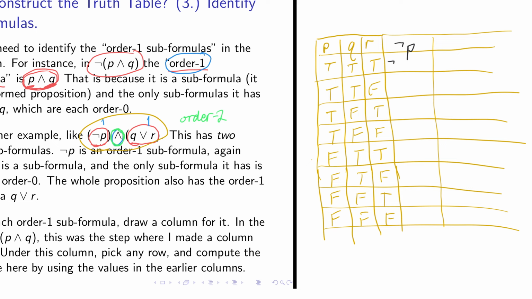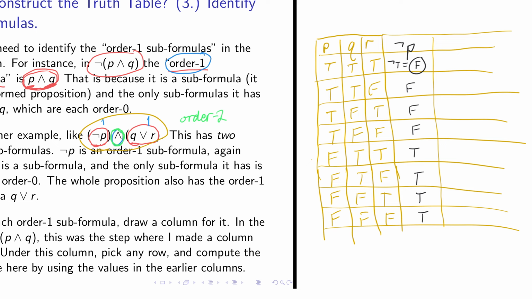And so this is going to be negation true, which is equal to false. That's the value entered in this cell of the column. And then for the same reasons, we're going to get false, false, false wherever P is true, and true, true, true wherever P is false, because the negation is true.